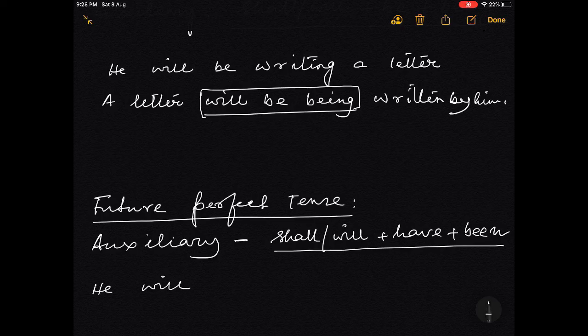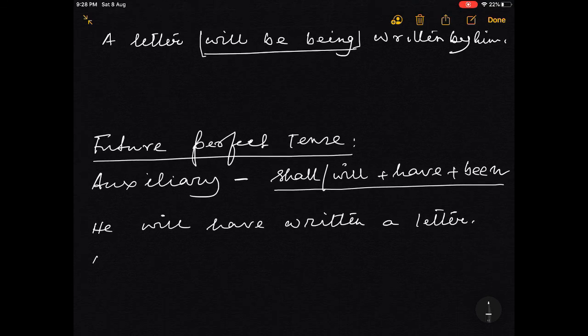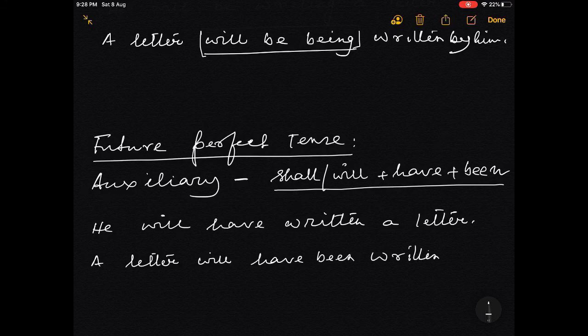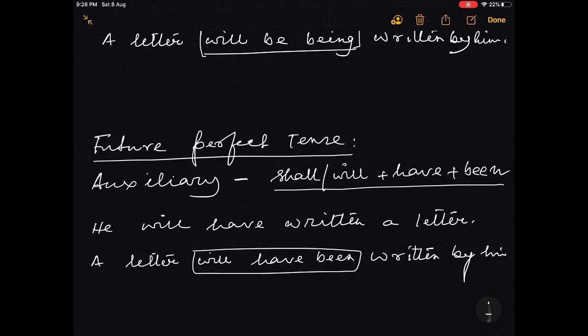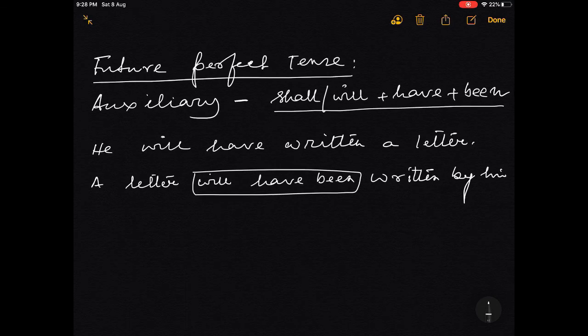He will have written a letter. It will be a letter will have been written by him. Will have been. Auxiliary verb. Future perfect continuous.